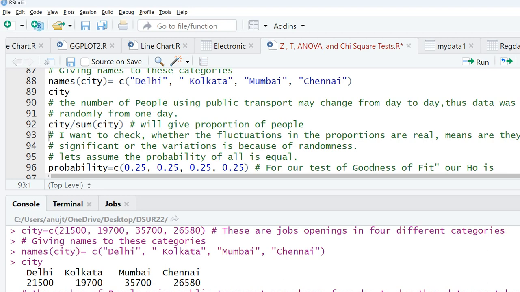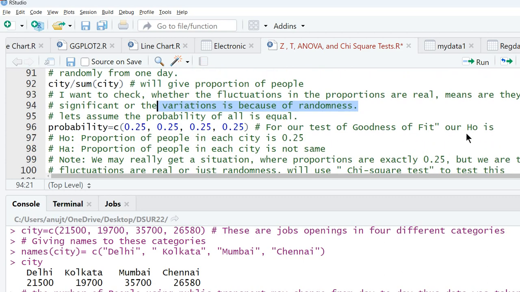So now I want to check whether the fluctuations in the proportions are real. The proportion where Delhi is 20%, Kolkata is 19, Mumbai is very high, around 35% or 34%. So are these proportions statistically significant, or is the variation because of randomness? I just want to check that. And let's assume the probability of all is equal.